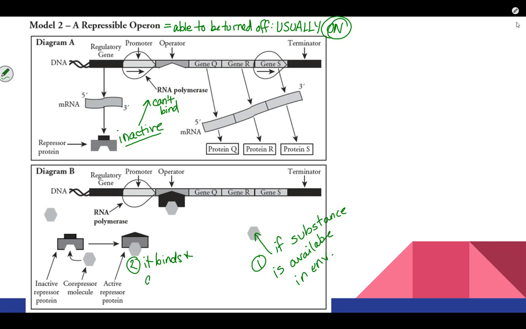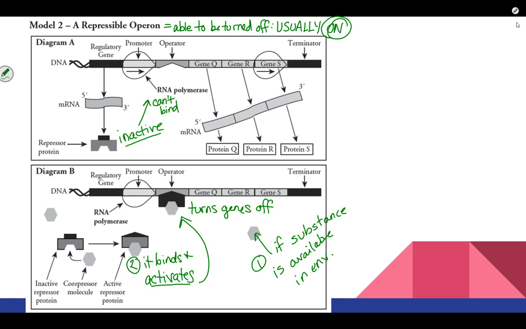It binds to the repressor protein and activates it. So the repressor protein turns the genes off. It blocks transcription so that those genes are no longer being made and the cell doesn't produce tryptophan when it already has plenty of tryptophan.